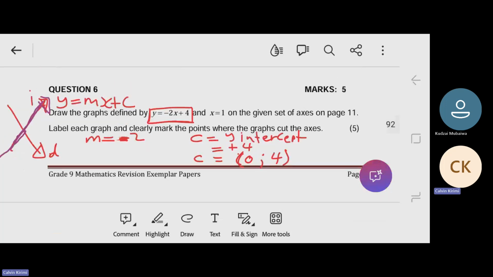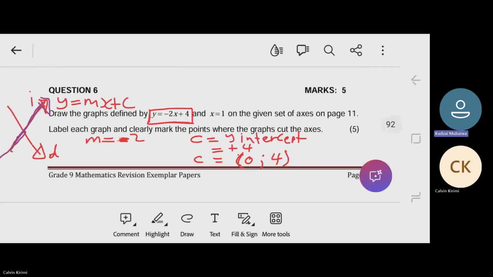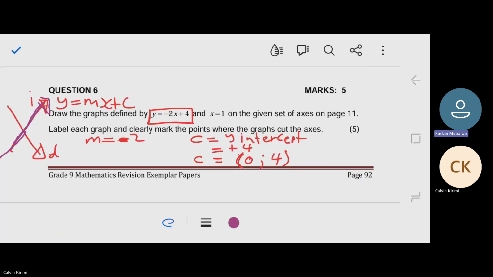We said it's increasing or decreasing. Increasing, so it's going upward, not downward. No, sir. What did we say about when m is positive? If m is greater than 0, meaning it's positive, how does the graph look?